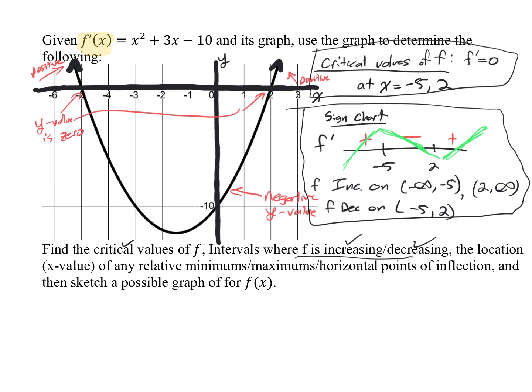Okay, from that, we should be able to find locations of any relative minimums or maximums. Notice we don't actually have the original function, so we can't say what the maximum value of the function is or the minimum value of the function is, but we can say where it happens because that's just the x value.